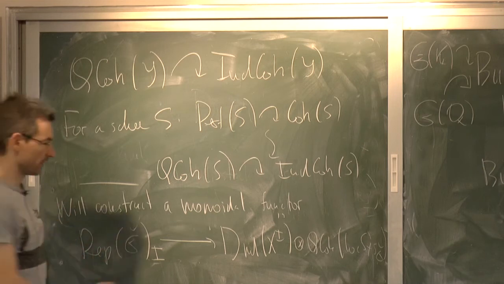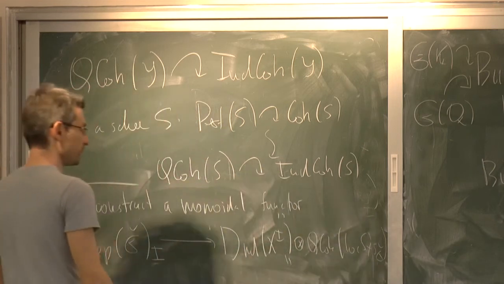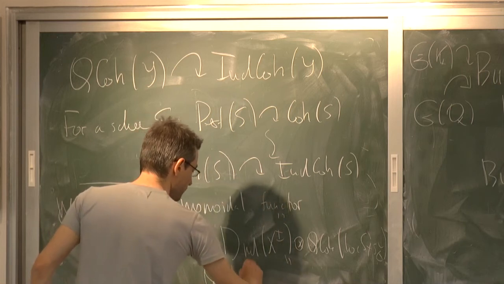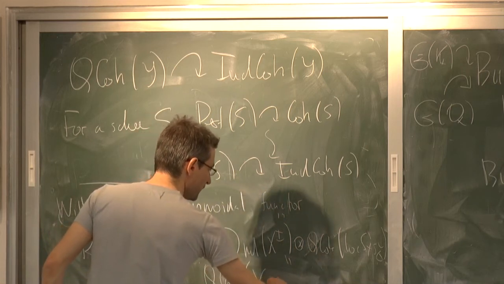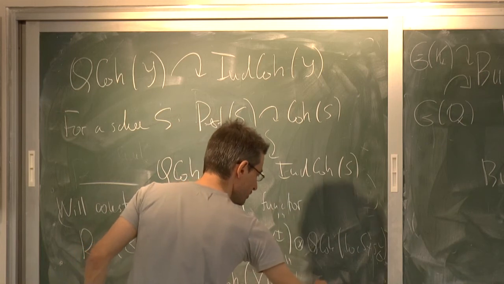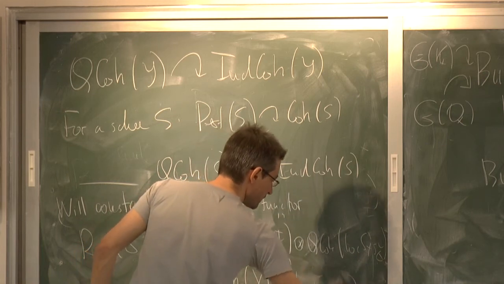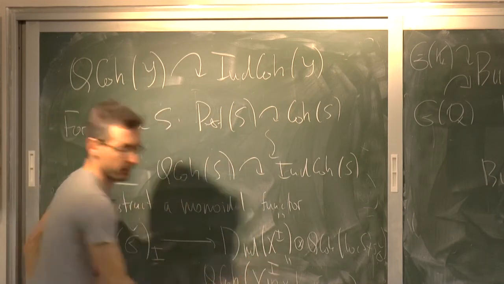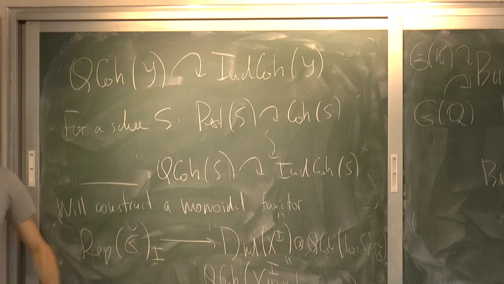To do this, I'll recall what D modules are. These themselves were quasi-coherent sheaves on the de Rham space. So it will be quasi-coherent sheaves on X de Rham^I times LocSys G check. So I want to construct this monoidal functor.